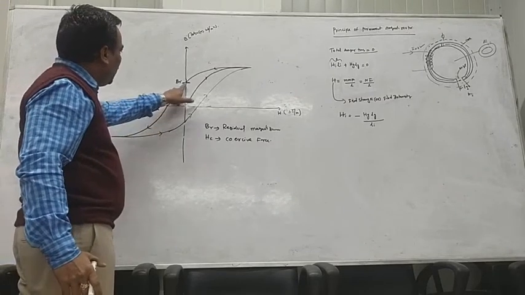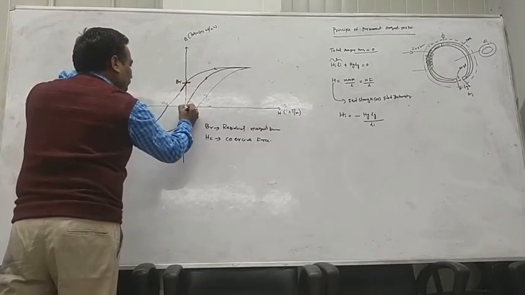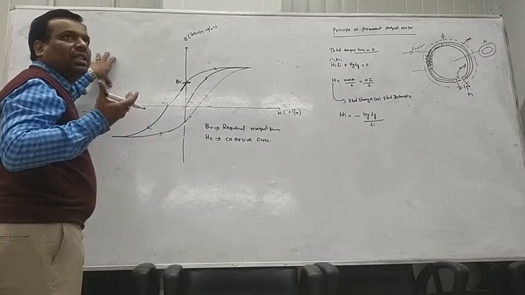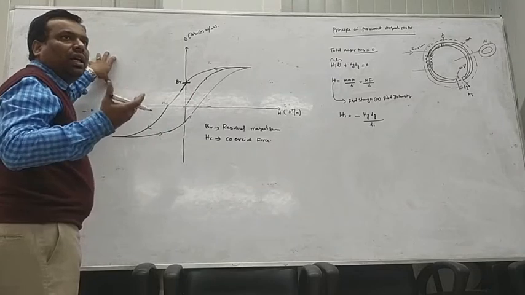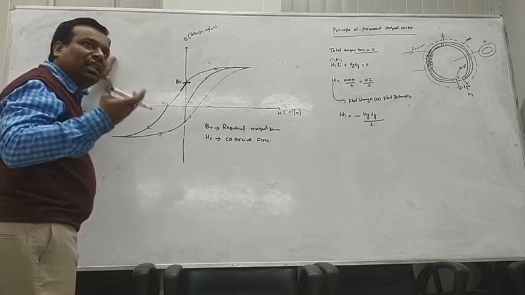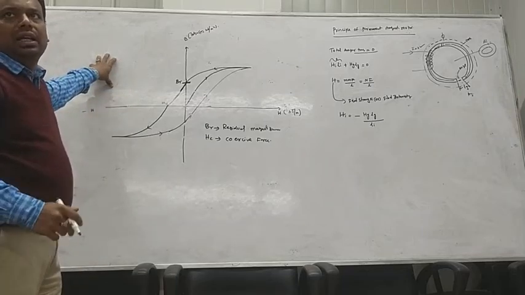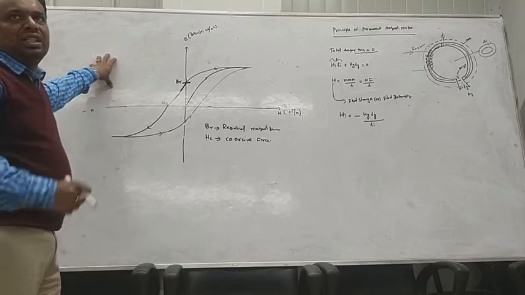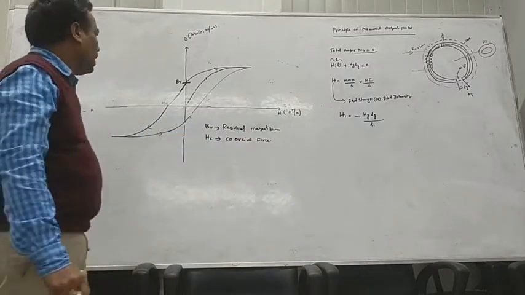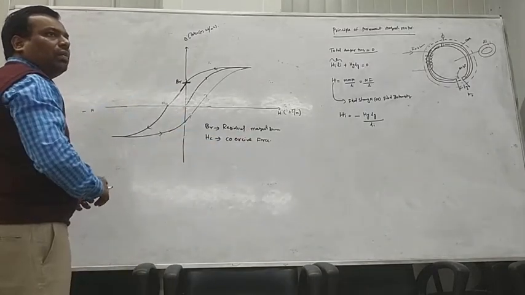At this particular instant, the H value is 0. Magnetic field strength is 0. Even though the magnetic field strength is 0, the flux density exists in the magnet. That is called residual magnetism, that is BR.